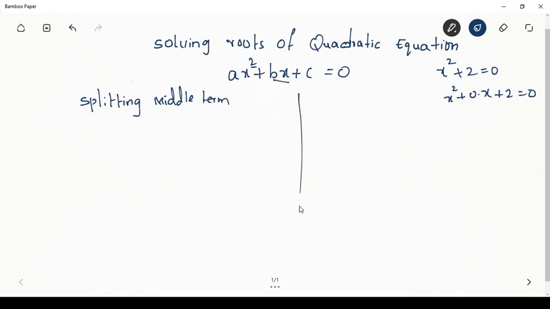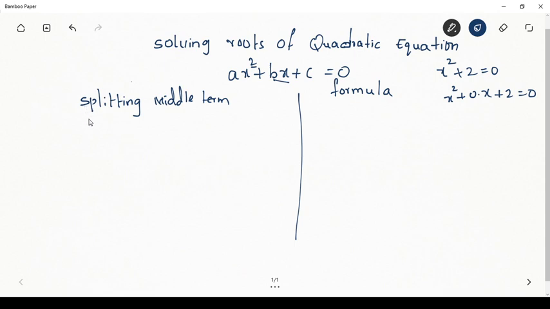The next one is the formula. So by formula also we will solve it. Which method should be used in which situation, I'll tell you also, and we'll discuss that in the end. First we will go with the process.